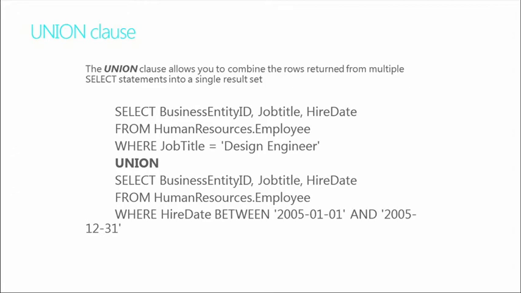I could go out and do select business entity ID, job title, hire date from human resources dot X employees, if I wanted to, where hire date or fire date was a certain date. You can do that as well. As long as the columns match up, you can retrieve that content from different tables here. So this is the union clause, and again, we'll see how that operates for us here.